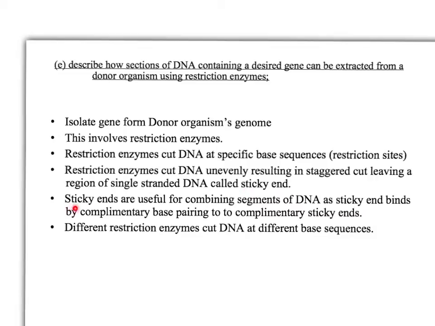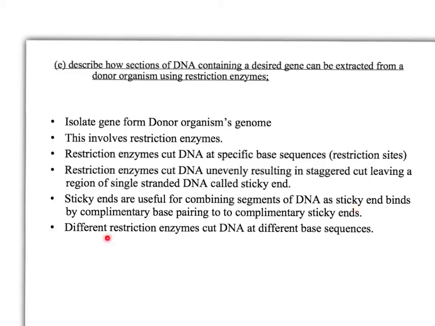Sticky ends are useful as they enable us to combine segments from different bits of DNA together. So, for example, sticking our human insulin gene into a piece of plasmid DNA, we were able to do that because of the complementary sticky ends on the plasmid and the insulin gene.